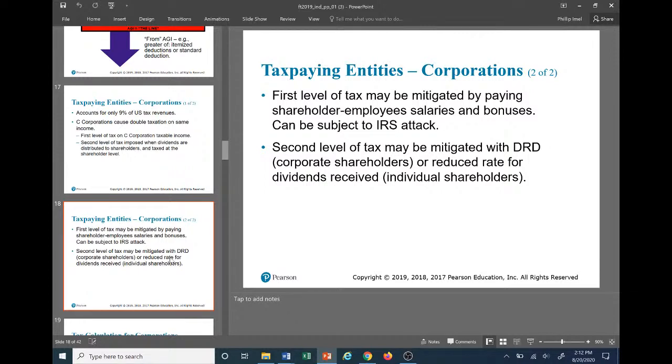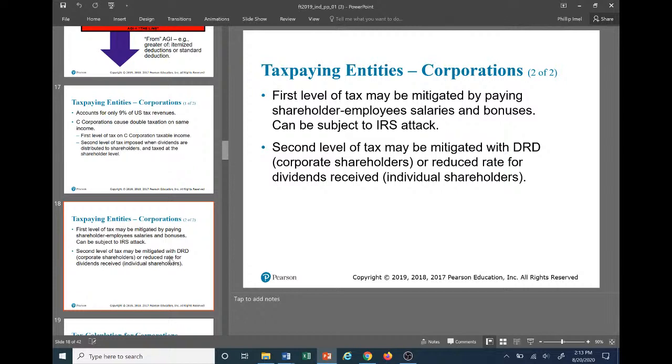The first level of tax may be mitigated by paying shareholder and employee salaries and bonuses. And as you can see here, it can be subject to IRS tax. So obviously, think about this. If the first layer of tax comes from the net income on your P&L or income statement, what enters into determination of net income? Well, salaries do, bonuses do. They hit your income statement, right? They're reflected directly in there.